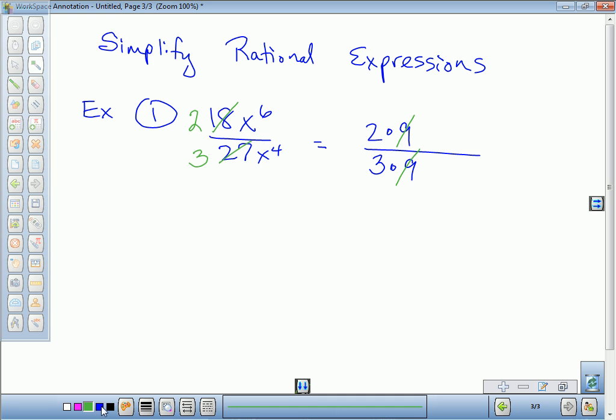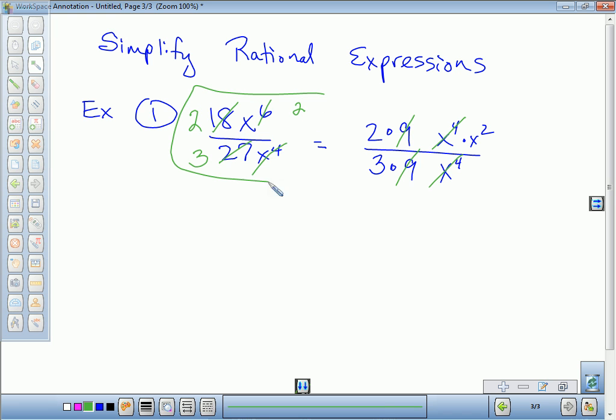Okay? Now, this x to the 6th is the same as x to the 4th times x squared. And then we have an x to the 4th down here. So do you see that the x to the 4th cancel? Now, another way you can think of this is 4 of these cancel with 4 of those and leave 2.